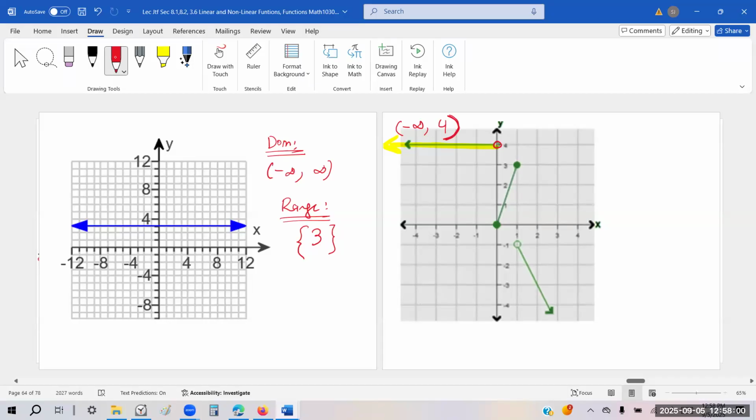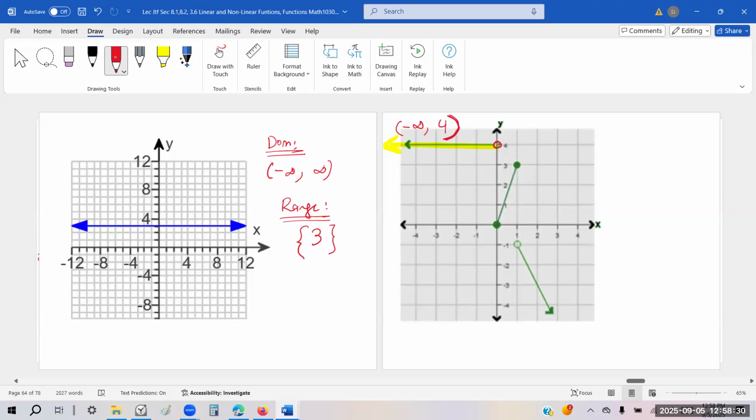It's like it's walking, and suddenly there's a hole there. I cannot pass it. Since it doesn't use 4, you have to put parentheses, because we don't see the y value 4, we see a hole at 4. So its journey started from negative infinity to 4, and it stopped.